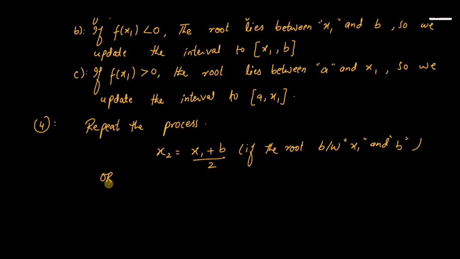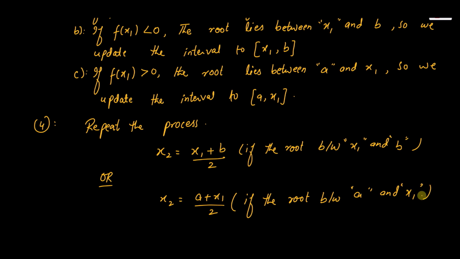Or the next approximation should be x2, equal to a plus x1 divided by 2, if the root is between a and x1. So this iterative process continues until we reach a predefined level of accuracy, meaning that the difference b minus a should be very small.